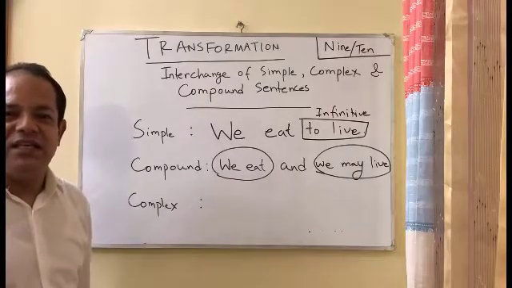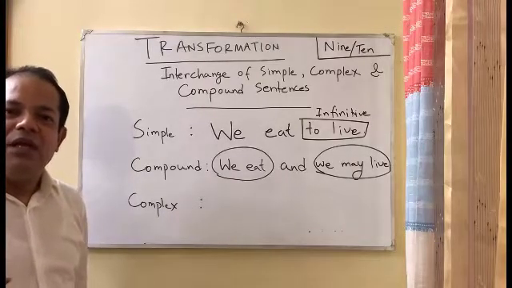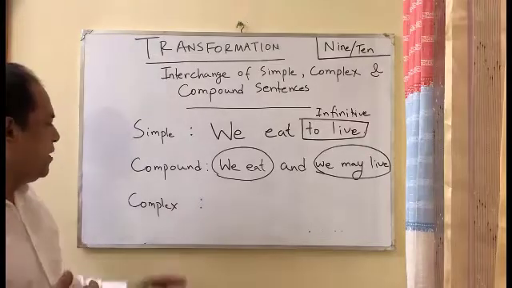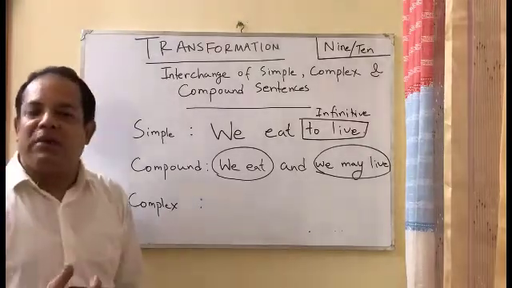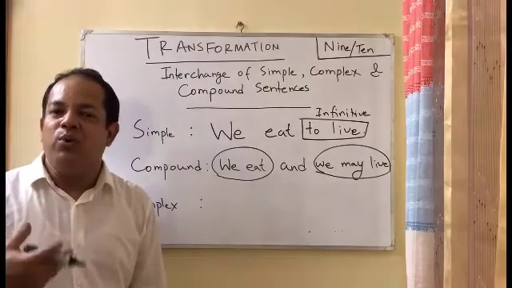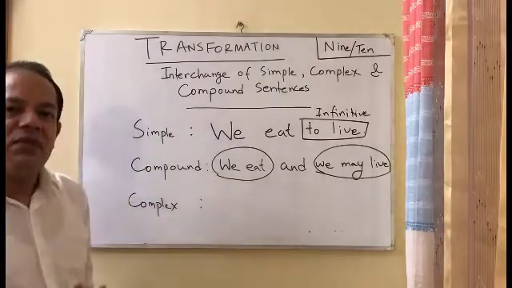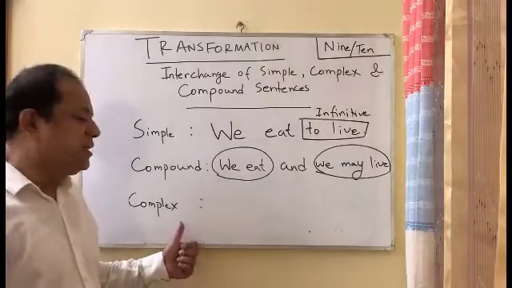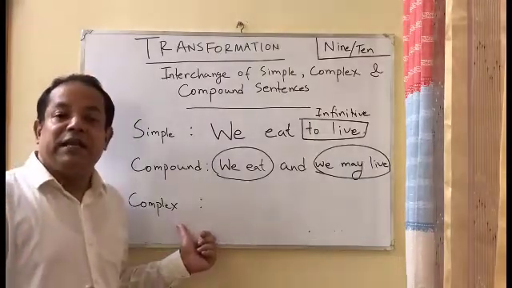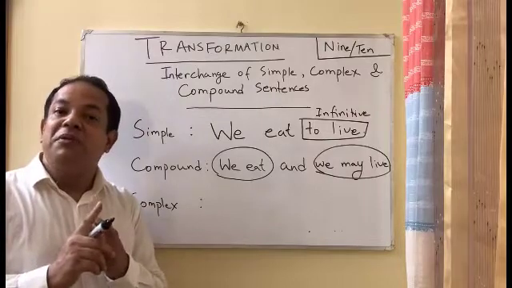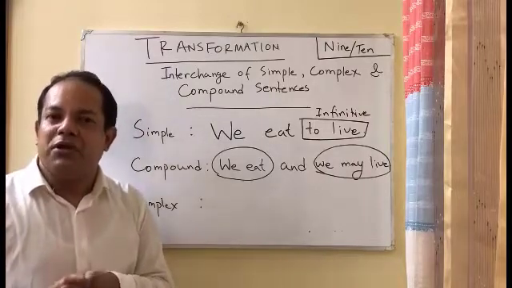Very easy. Okay? You must have these basic ideas. And now if you go for complex sentence, how can you form it, or what will be the structure of it? As I told you before, in complex sentence you need one principal clause and one subordinate clause.